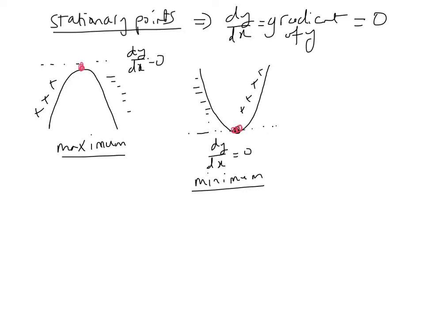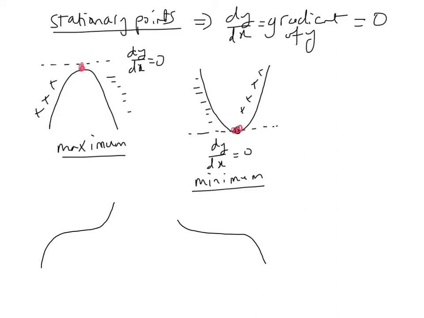But we can also have a point where the gradient doesn't change from positive to negative or negative to positive. We can also have a point where it just simply goes from positive to positive or negative to negative.